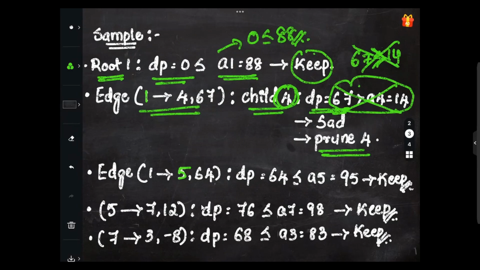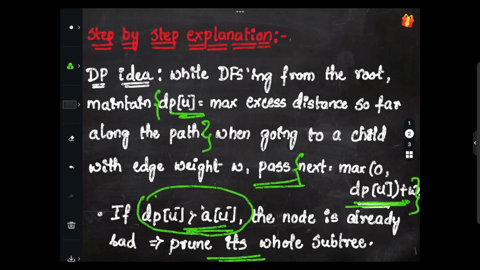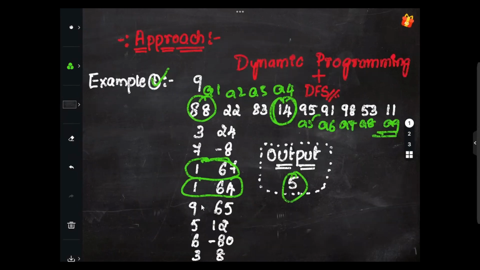So this is fine. 64 is in between 14 and 95.